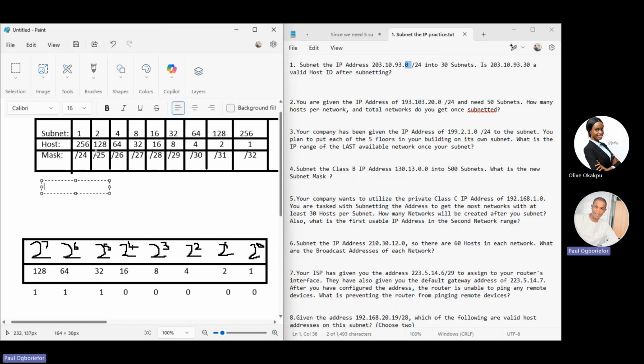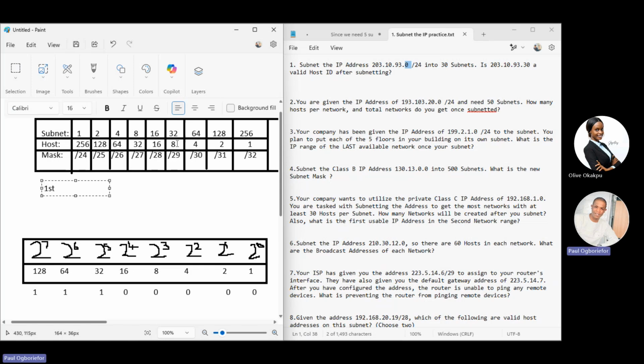Let me just do this. We have 32 networks rather, and in each of the networks we have 8 IP addresses. So the range will be 0 to 7 for the first network. That will be the range of each of the networks.